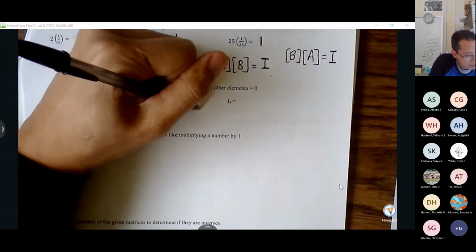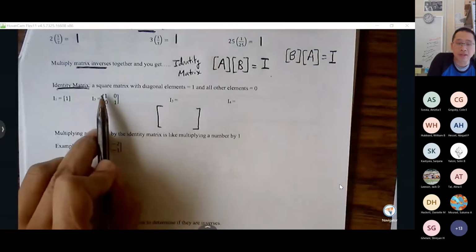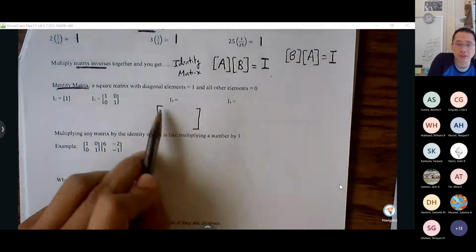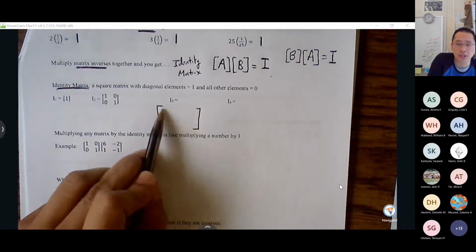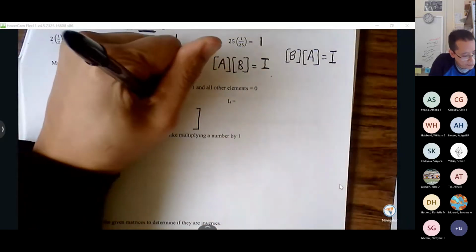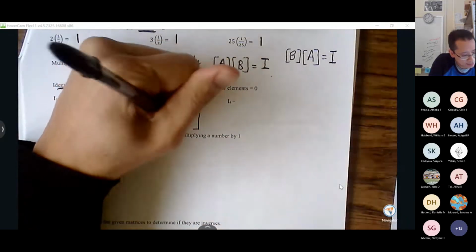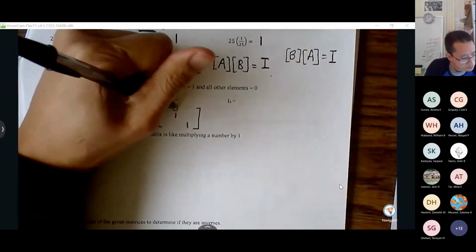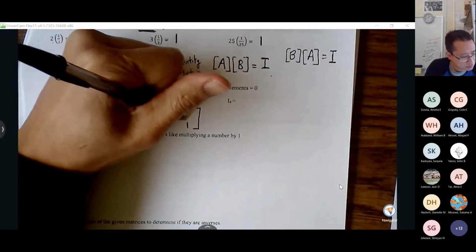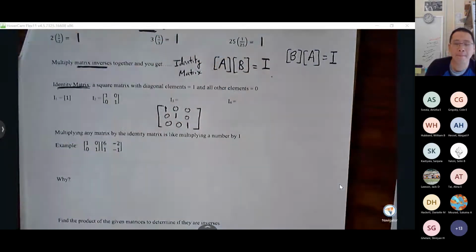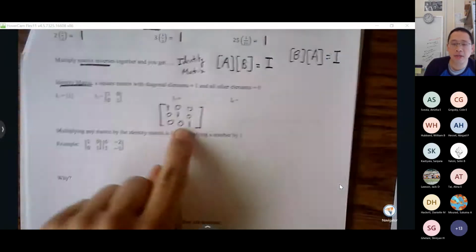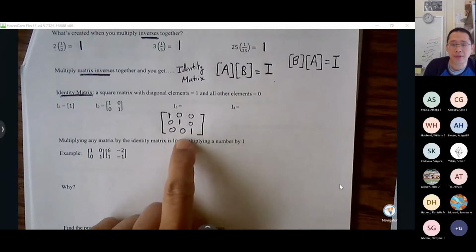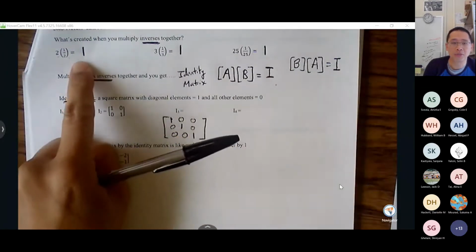It'll be 3-by-3, but the diagonal, from left to right going down, will be 1s, and all the other numbers will be 0. So this is basically a 3-by-3 matrix version of 1.